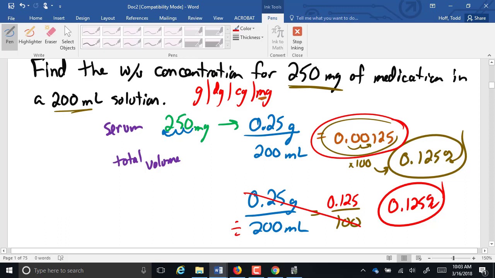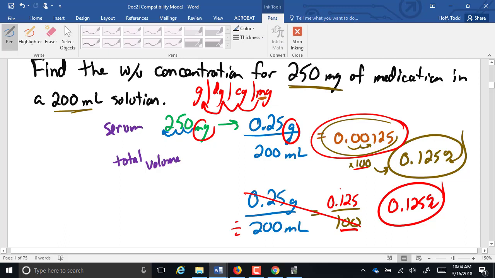So percent is out of 100. So to change a decimal into percent, you move 2 places. Okay, that's okay. I mean, it's confusing when why is it 2 sometimes and 3 another? This is the units. From milligrams to grams is 3 spots on our metric chart. So we have to move the decimal point 3 spots. But yes, the percent is out of 100, so that's 2 decimal places.